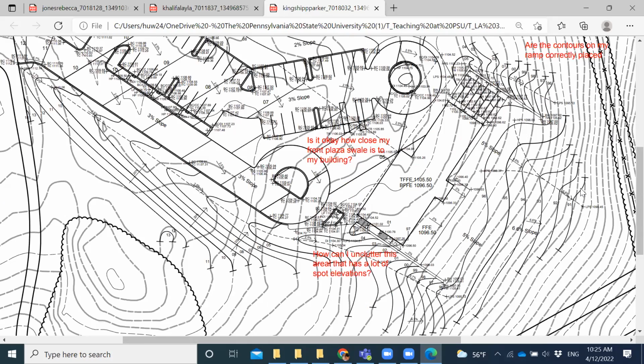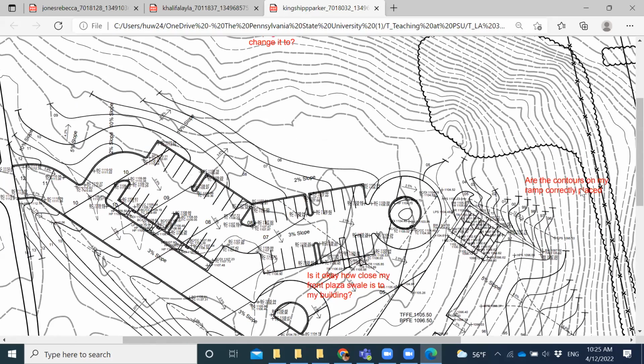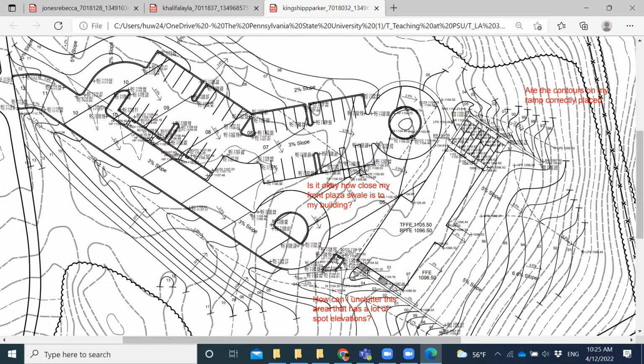So your ramp is, where is the ramp? Is this the ramp? Correct. So, wow, that's a lot of spot elevations that you need to design for that ramp.